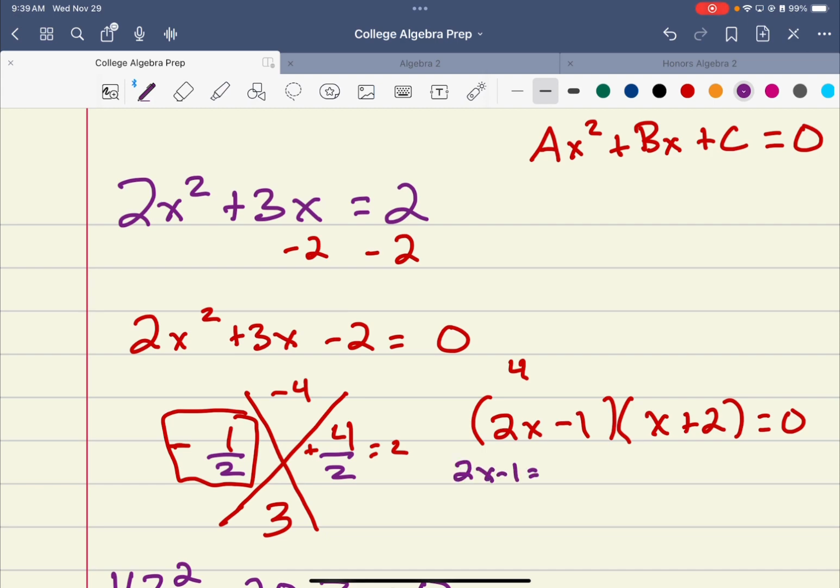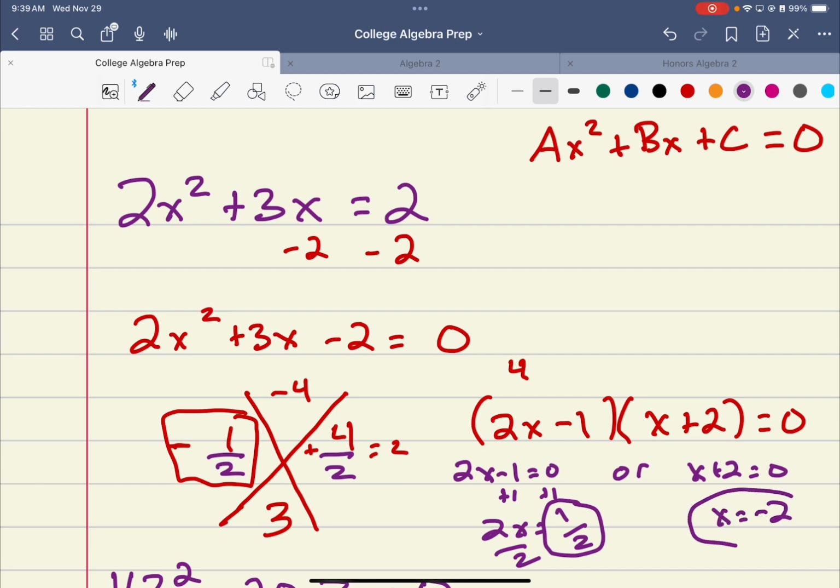So 2x minus 1 equals 0, or x plus 2 equals 0. Add 1. Get 2x equals 1, divide by 2, you get an answer of 1/2. The other one, x equals -2. So there are your solutions, here and here.